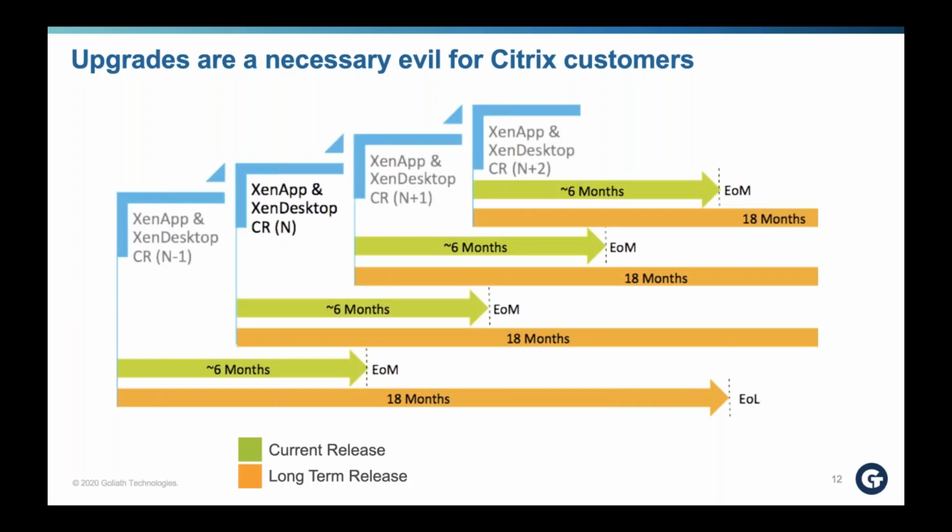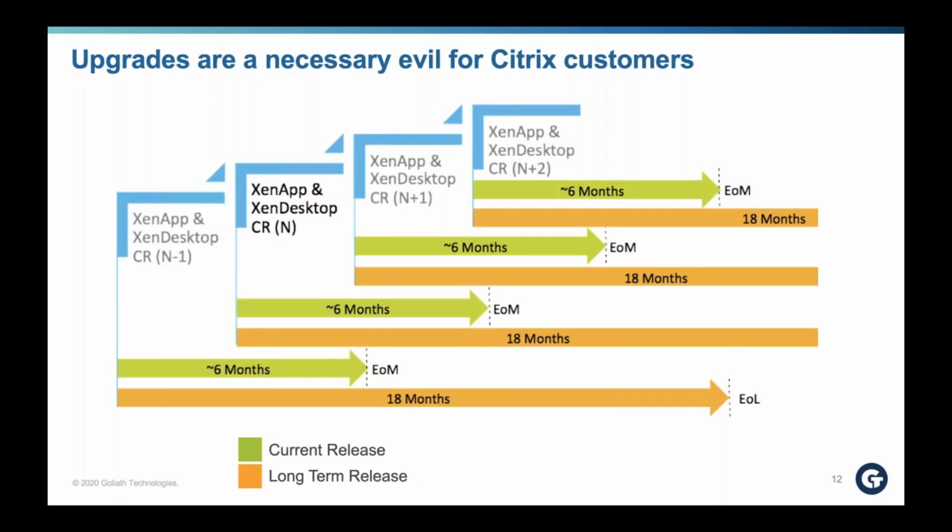This is the Citrix support lifecycle for virtual apps and desktops. So if Citrix release a new version of virtual apps and desktops today, and say, for example, your organization goes on to deploy it shortly thereafter, just keep this in mind that end of maintenance is 6 months after the initial release date of a virtual apps and desktops version.